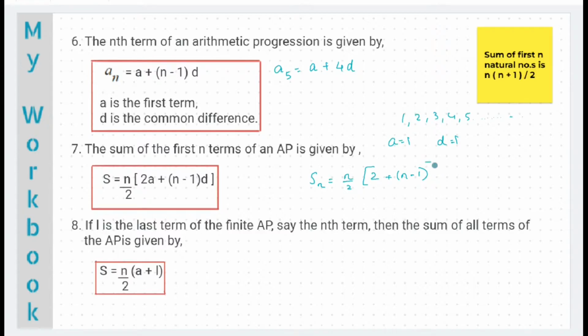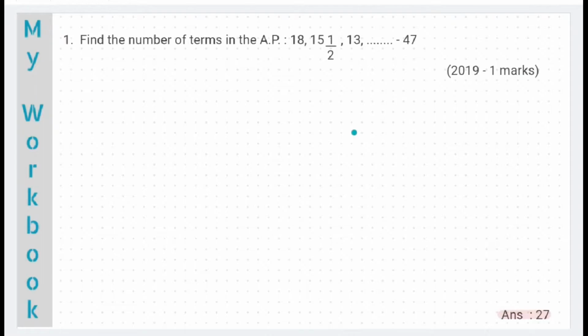So n by 2 into 2 minus 1 is 1, so n plus 1. That is how we arrive at this formula: the sum of first n natural numbers is n into n plus 1 by 2. So these are the key formulae based on which the questions can be solved. So let's begin solving the questions from previous year board exam papers.